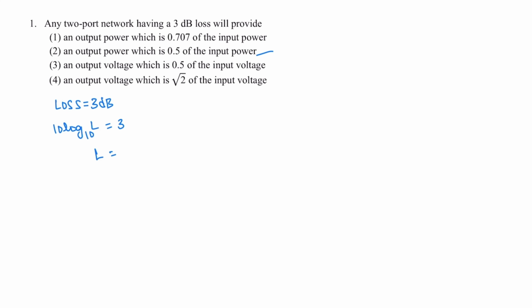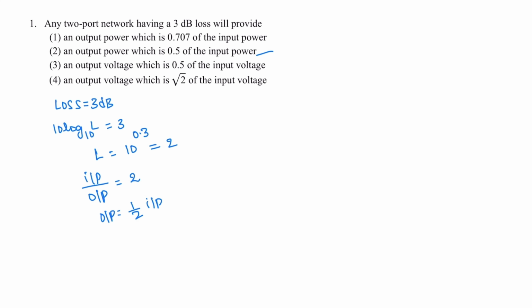Full loss L is 10 power 3 by 10, that is 10^0.3, its value is approximately 2. So loss is input power by output power, so its value is 2. So output power is half of input power.